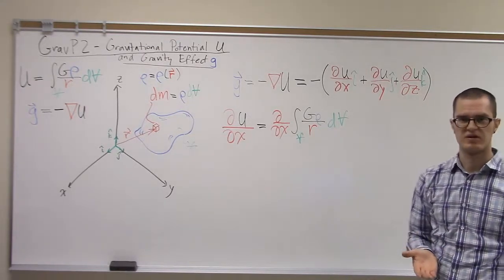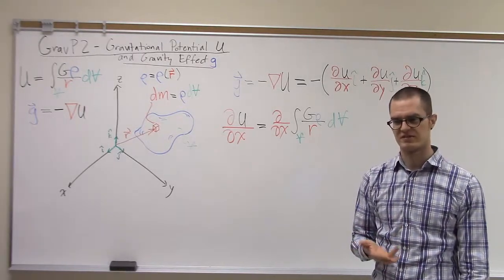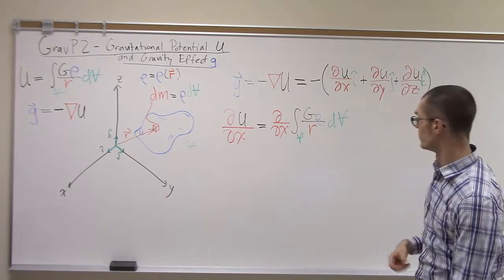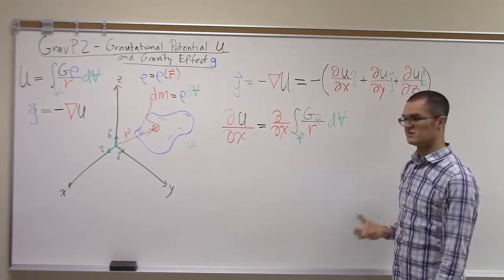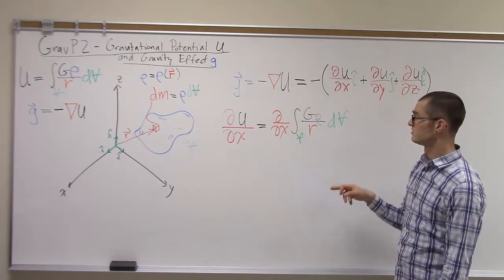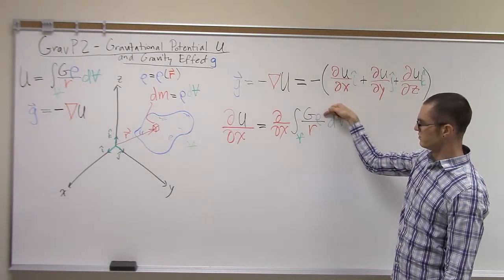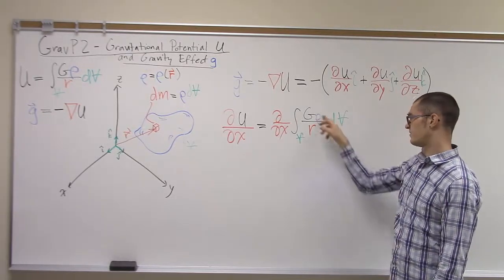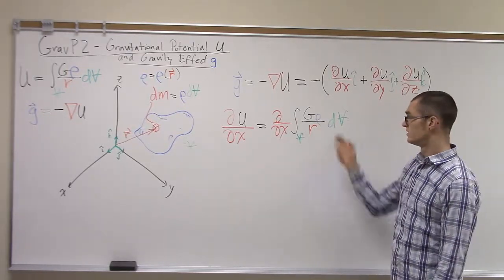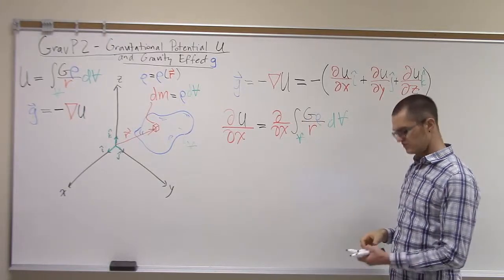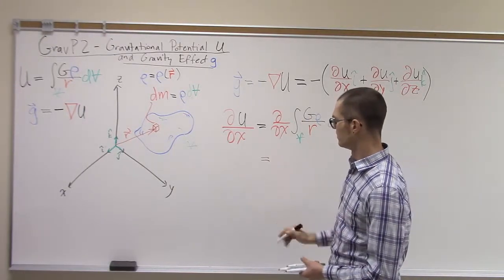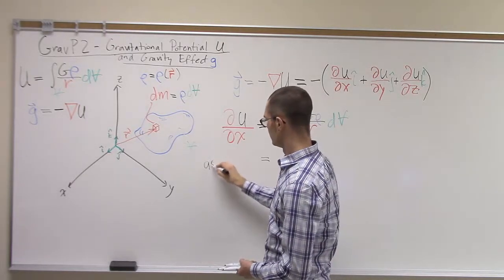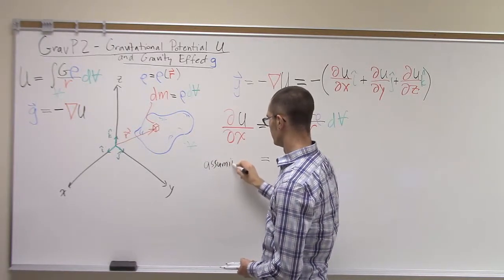To get a little bit further and get to some useful result, we'll make an assumption at this point. We know that G is a constant, it's the universal constant of gravitation, and we'll also assume now that rho is also a constant. So assuming rho is constant, we can bring the G rho outside of the integral.